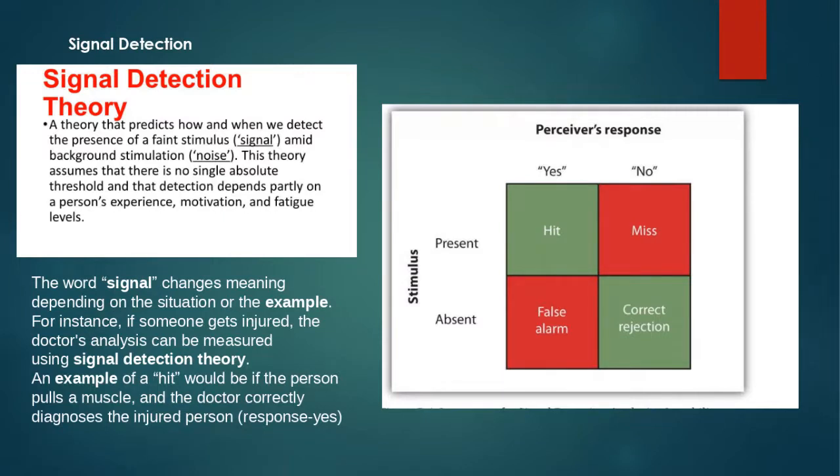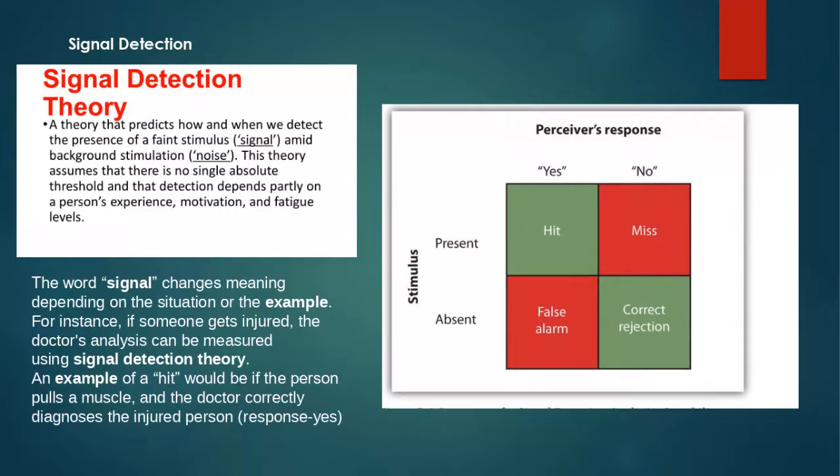An example of a hit is where the perceiver's response is that the stimulus occurred and the stimulus is actually present. So if a person pulls a muscle and the doctor correctly diagnoses the injured person, that's a hit. He's got it right. In the same way there could be a miss. A miss means that there was a stimulus, but the person didn't even feel anything.